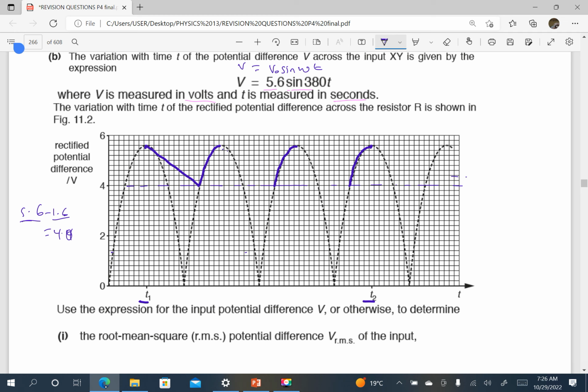I'm using a ruler, so you can also use a ruler to draw something very neat. Okay, so that is the rectified voltage.